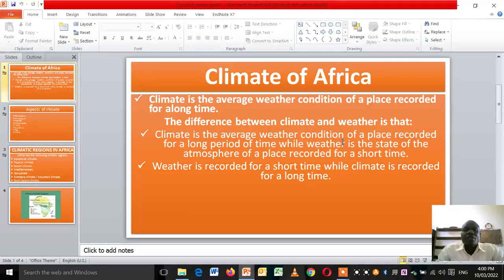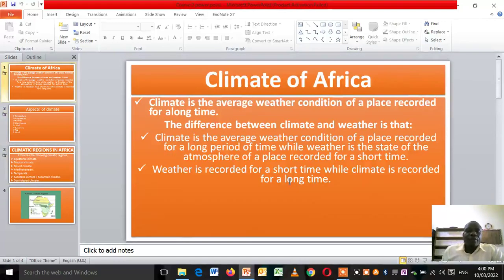Now, just as you learned about weather, which has a number of elements, the same is the case with climate. Climate has also got the elements or the aspects. And which aspects of climate are these?